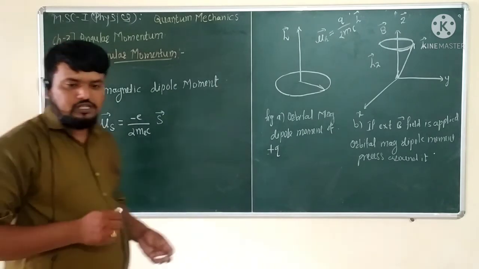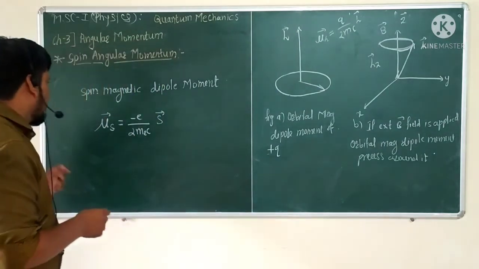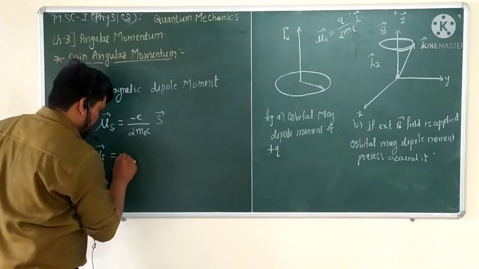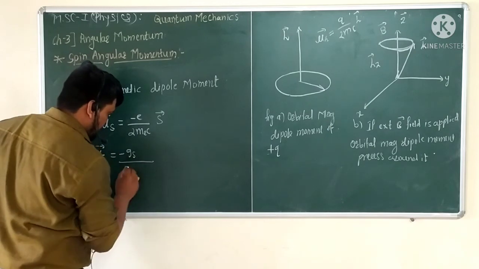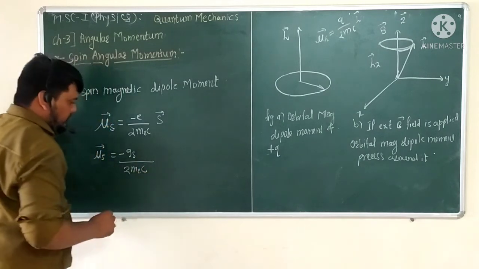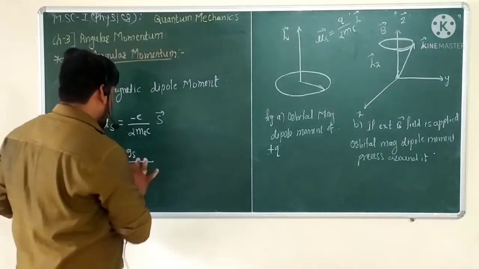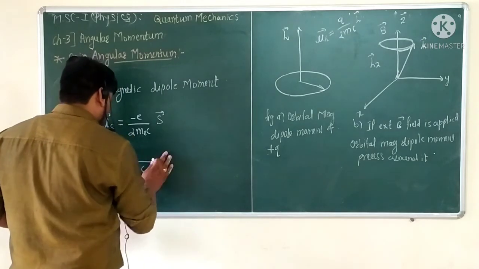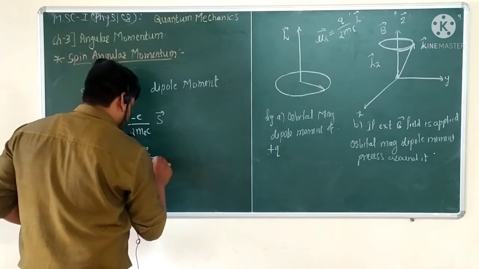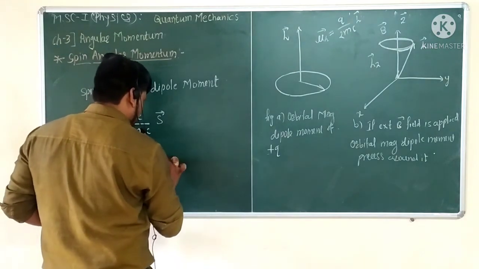And this spin magnetic dipole moment, mu s, is equal to minus gs e divided by twice me c into S bar.